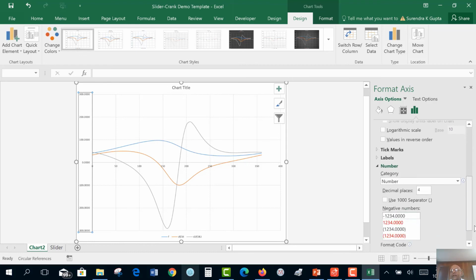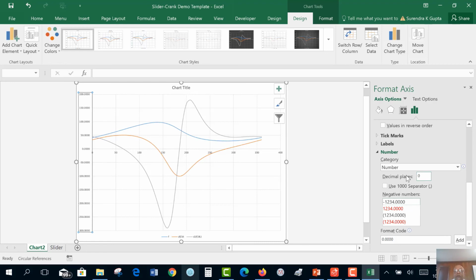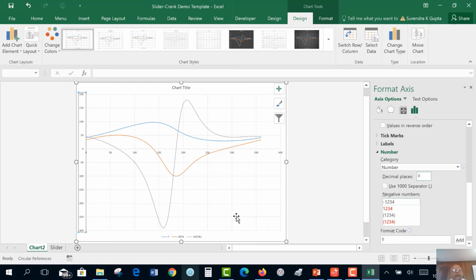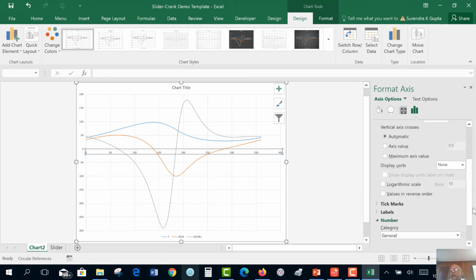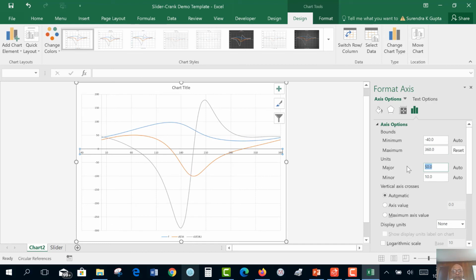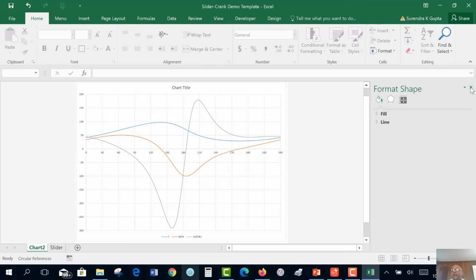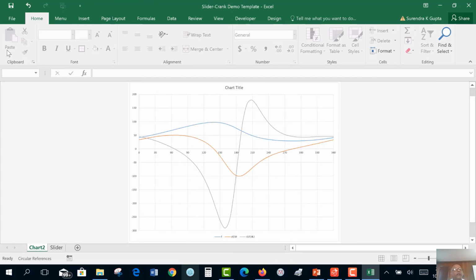All right. And we want 0. Okay. X-axis, remember we wanted 30 degrees, right? 0 to 360. And we like 30 degrees. That's pretty much it. Let's give some chart titles.